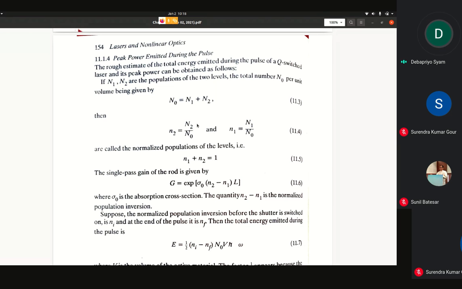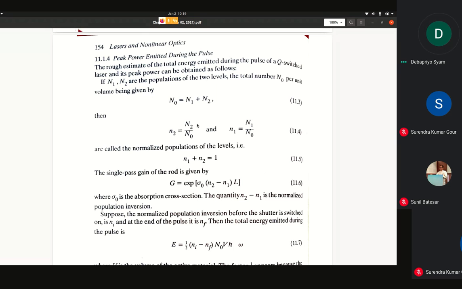Suppose the initial values of small n2 and small n1 are, say, 200 and 0. Let's say initially small n2 into n0, that is capital N2, is 200, and small n1 into n0, that is capital N1, is 0, let's say.